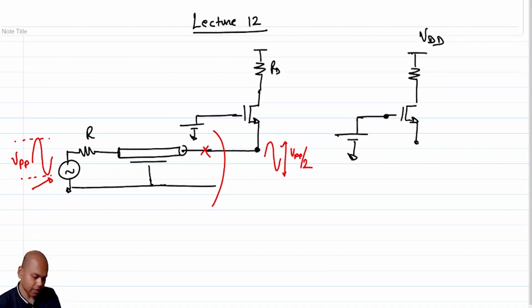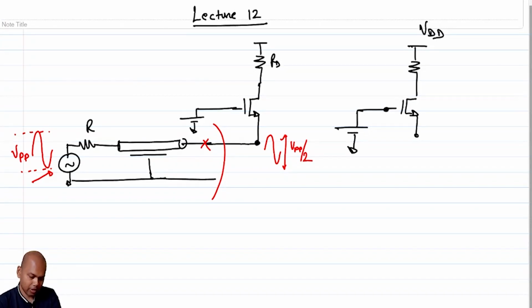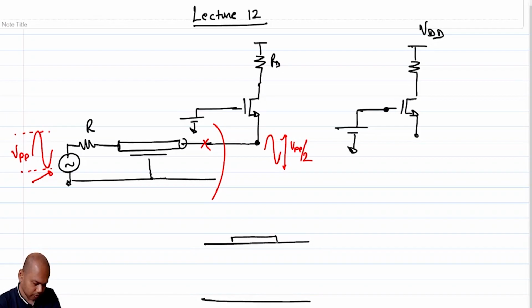The problem is, if we go back, I'd like to take you back to your undergraduate days of a cross section of a MOSFET. What does a cross section of a MOSFET look like if it's an NMOS transistor? So this is an oxide, and on top of that you have a metal or a polysilicon, and you have doping here.